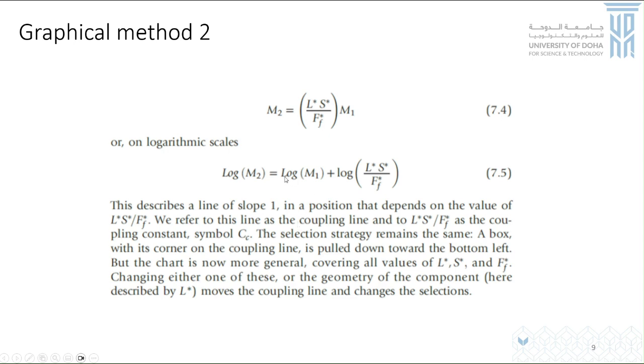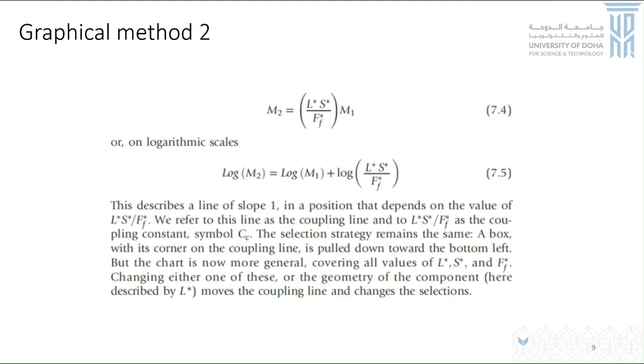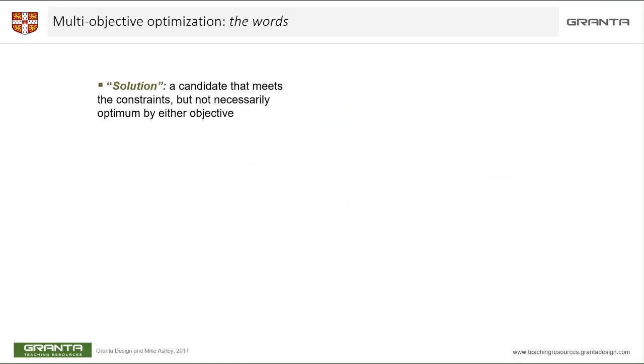So if you plot using the index function, the index line, with the slope of 1, then that represents a trade-off or a compromise between your material index 1 and material index 2, right? So then you can keep moving that and you can find your optimal solution based on those two.